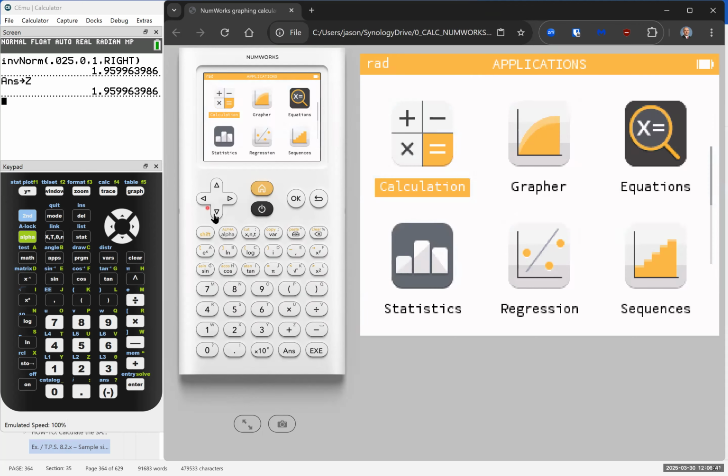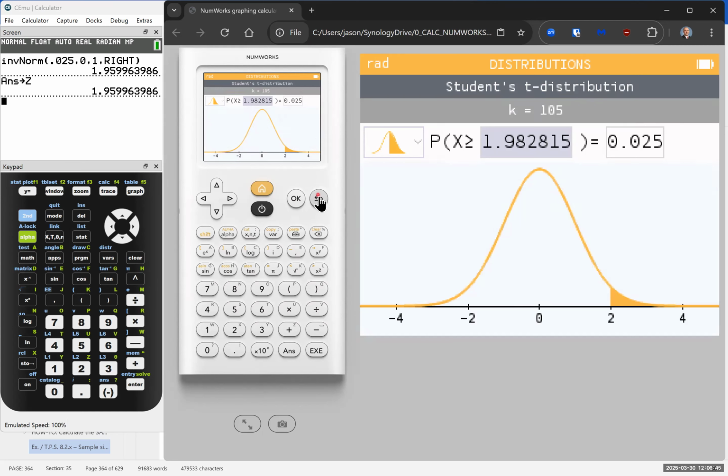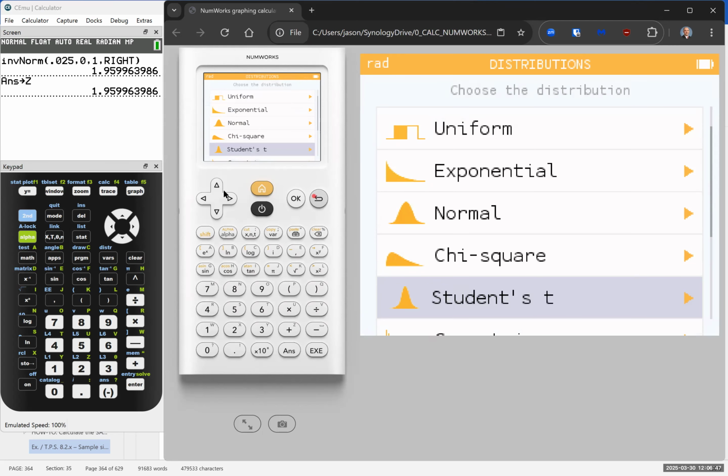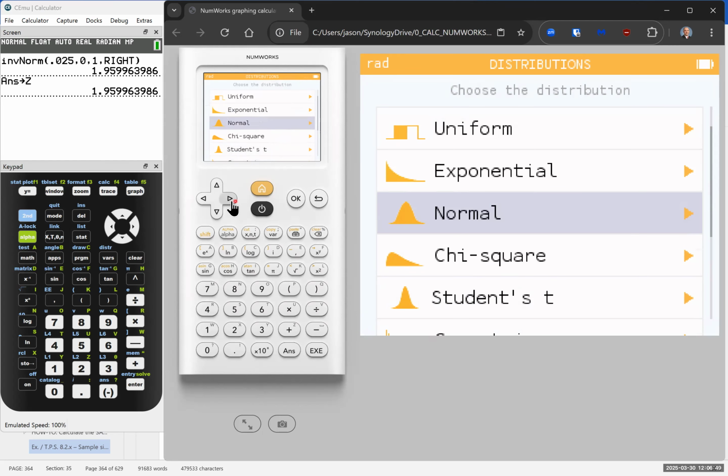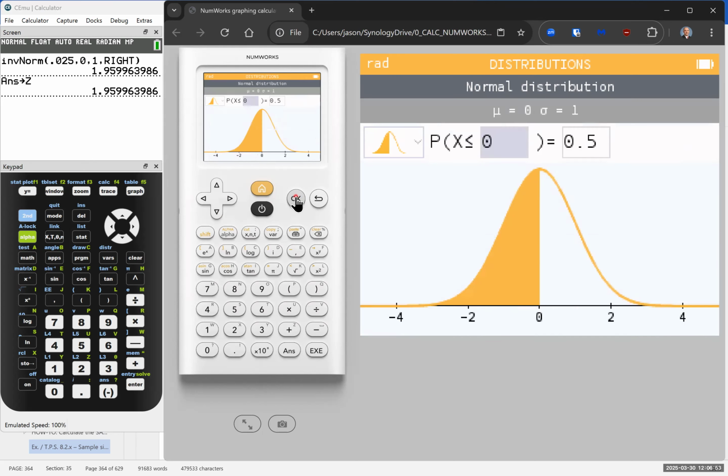And then over here with NumWorks, I go ahead and clear this out. And I want to go home, go to the distributions function. Let me back out. I want a normal distribution now with a mean of 0, standard deviation of 1. And I want the area to the right and an area of 0.025 like that.